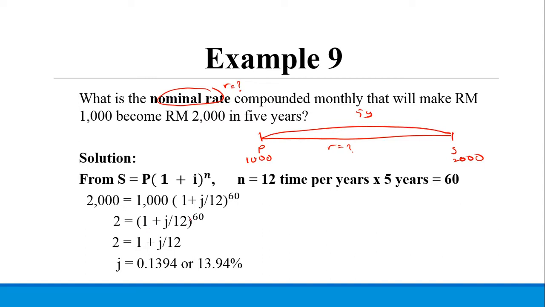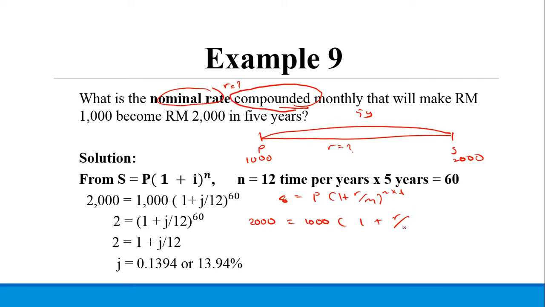So you know that your formula is S equals P(1 + R divided by M)^(M times T). So you get 2000 equal to 1000(1 + R, which we don't know, divided by M). M is compounded, and the keyword is compounded. When they say compounded, you need to use the compounded interest formula.